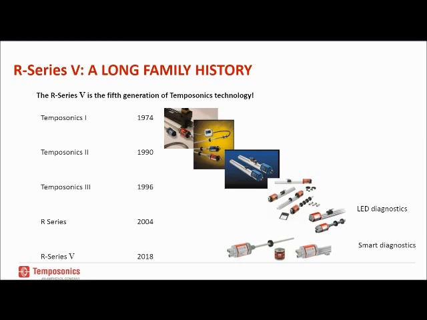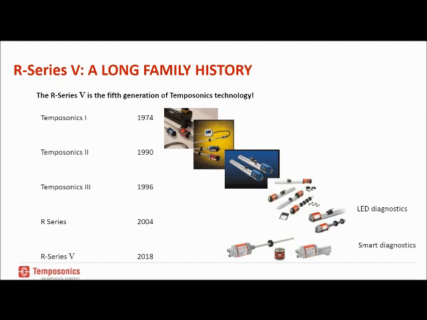After that, we transitioned to our Gen 4, or what we call our 2004 offering of R-Series sensors. These were the first sensors we produced that had some type of diagnostics, specifically LEDs on the sensors to help figure out various things that might be going on with the sensor itself.